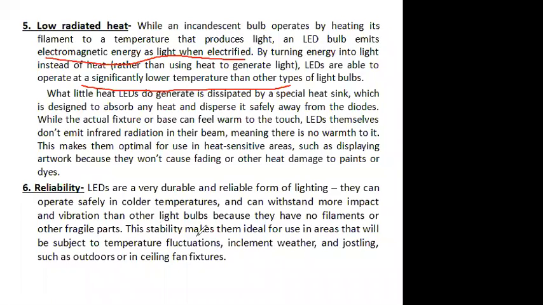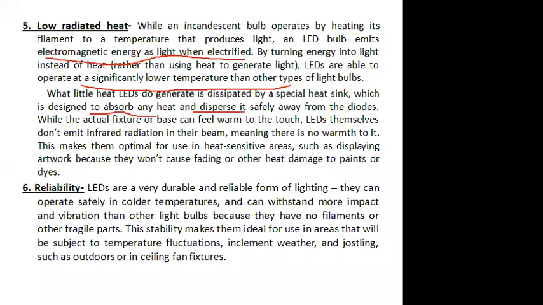So, what little heat LEDs generate is dissipated by a special heat sink, which is designed to absorb the heat and disperse it safely away from the diode. Okay. So, if we touch the fixture base, it may feel warm, but LEDs themselves do not emit infrared radiation in their beam.